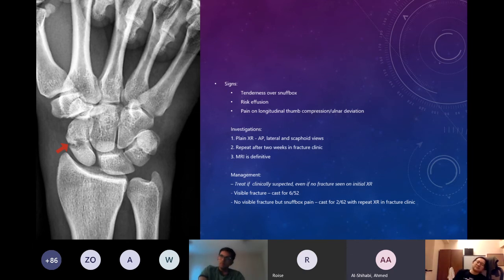In terms of signs, there are things like if you find an effusion around there and tenderness off the snuff box as well. What about investigations? Fatty liver disease, wonderful. Investigations. So if you're suspecting a scaphoid fracture, what investigations will you want to do?